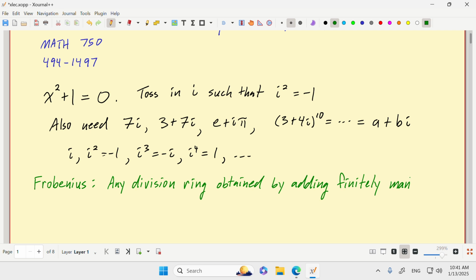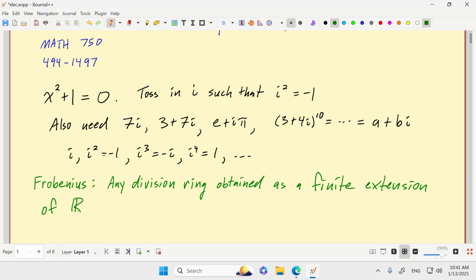Sorry, let me fix my eraser. Any division ring obtained as a finite extension of R. So here above, I added i, one stupid thing.